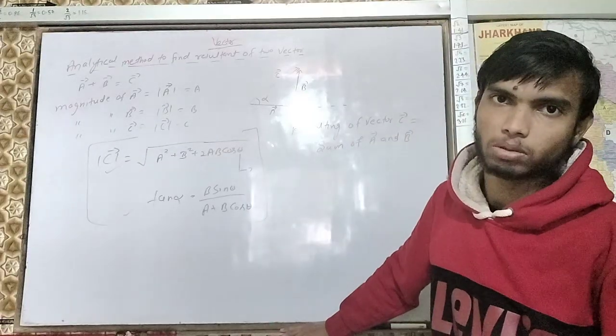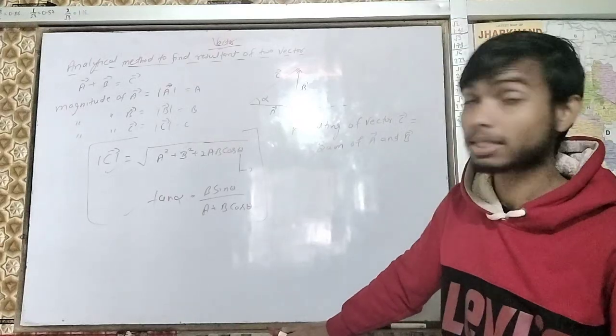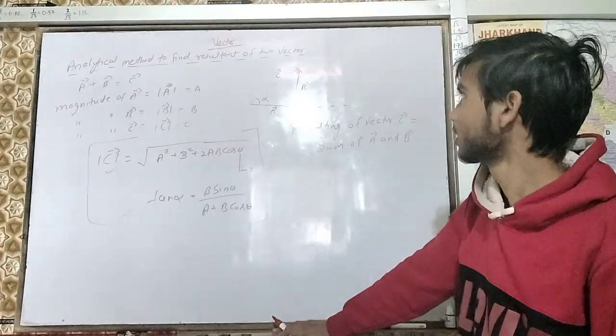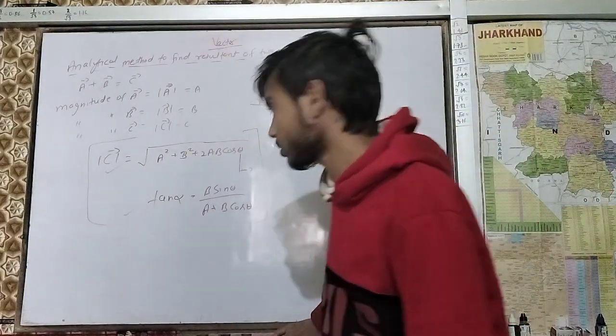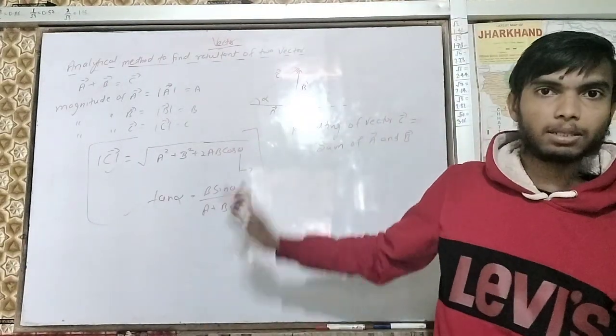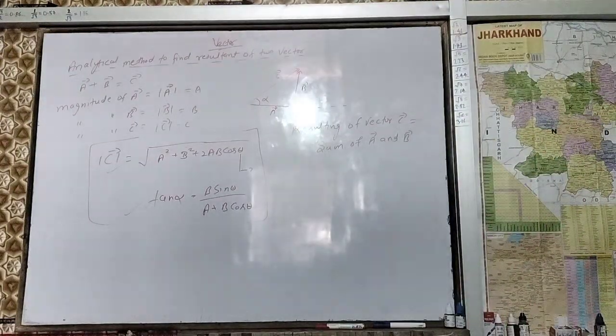Tan alpha is equal to b sin theta upon a plus b cos theta. These two formulas will help you a lot.